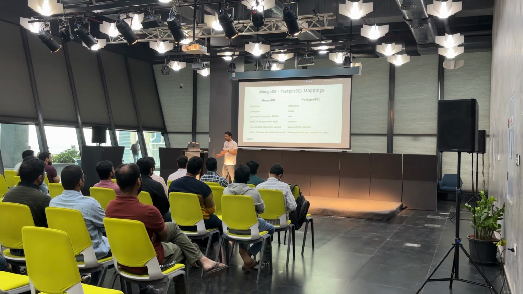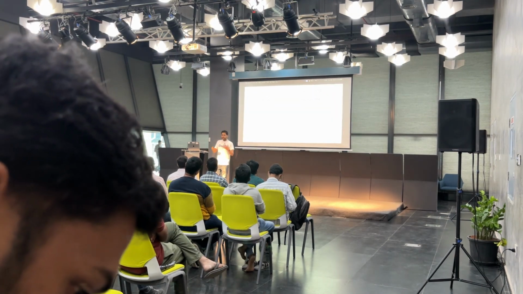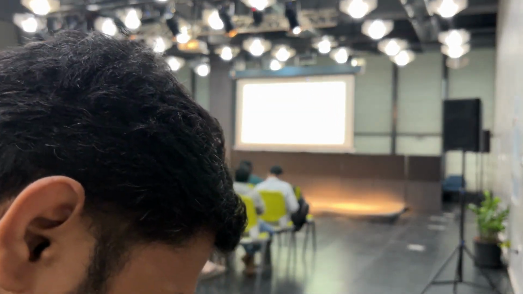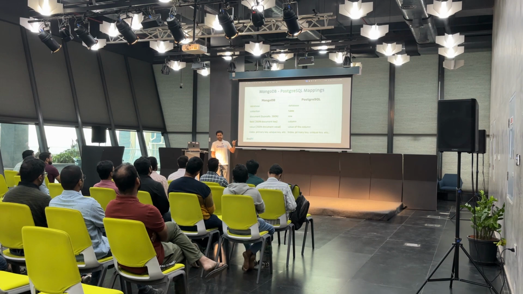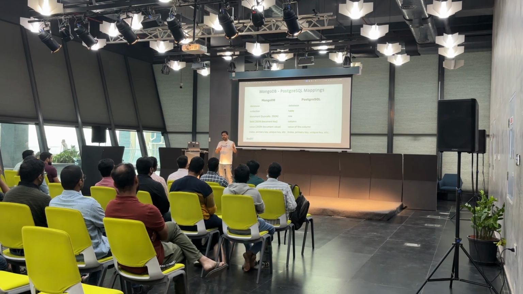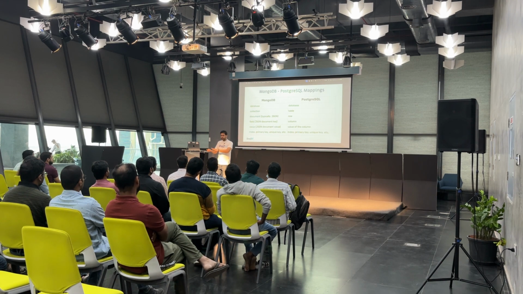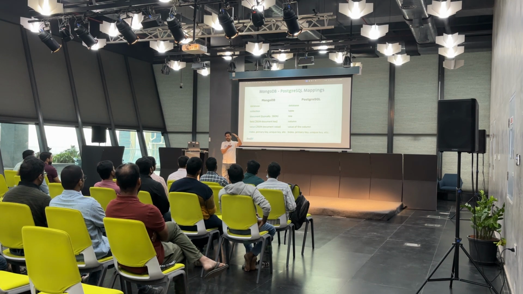If you're not familiar with Mongo and Postgres terminology, let me give a refresher. You have a database, which is called database in both Mongo and Postgres. There is a collection in Mongo, which is called a table in SQL terms. Then there is a document. You have a typical JSON document in Mongo, a single giant JSON doc.